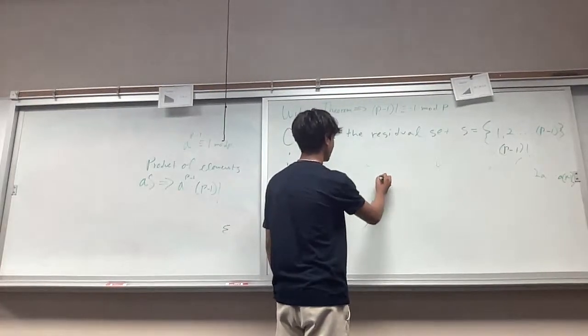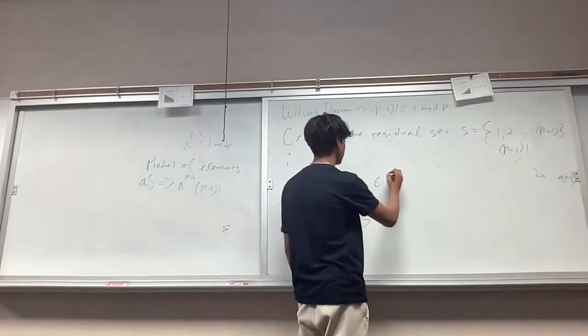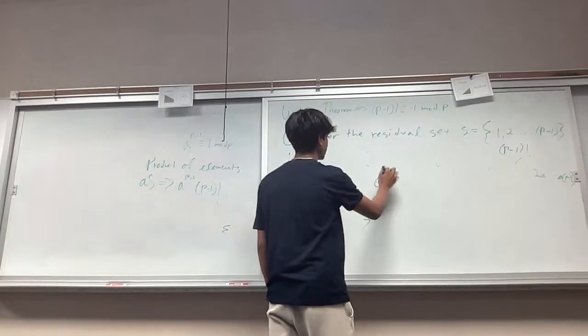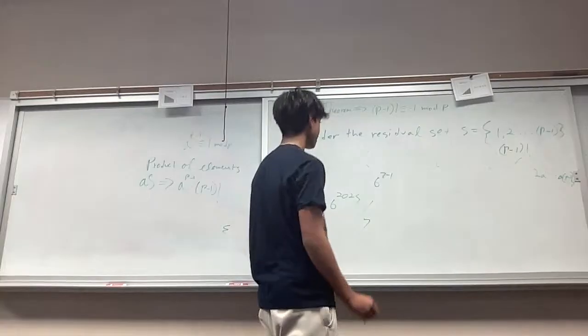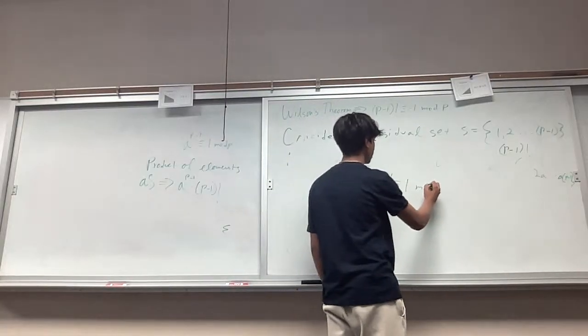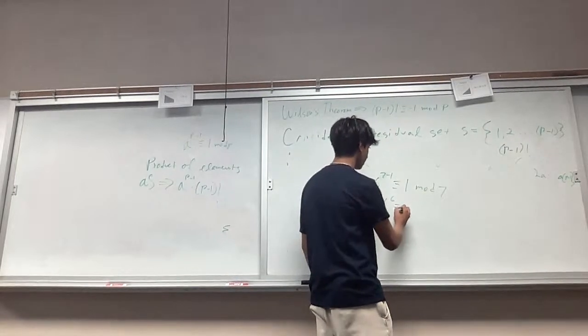So by Fermat's theorem, 6 to the 7 minus 1 is going to be congruent to what? 1 mod 7, right? So 6 to the 6 is congruent to 1 mod 7.